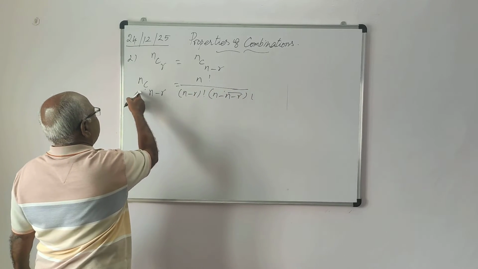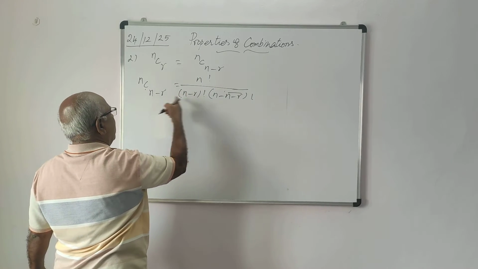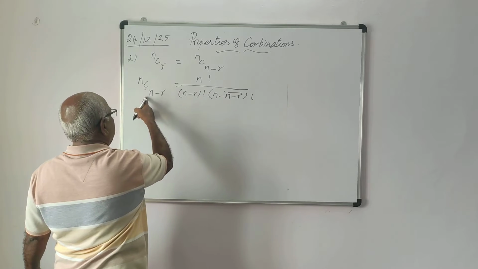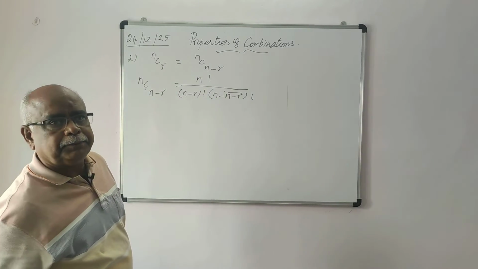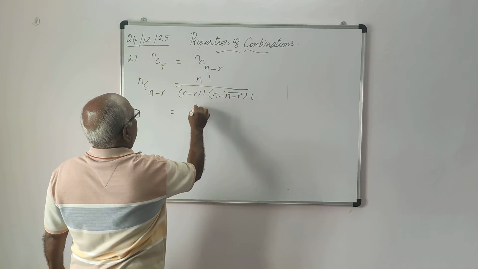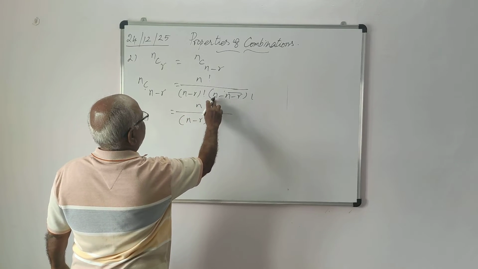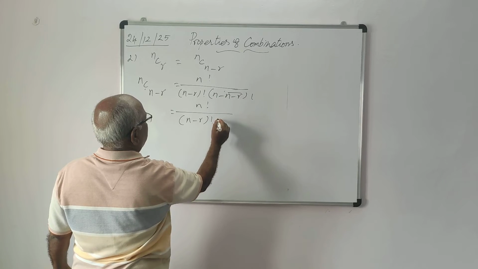By the result, nC(n minus r) is n factorial by (n minus r) factorial into (n minus n plus r) factorial.